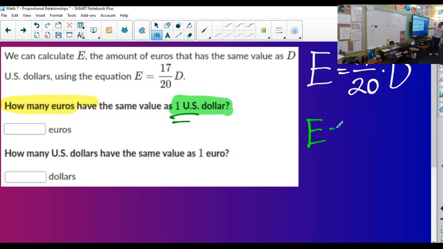What will E equal when D is 1? Well, what does times 1 do? Nothing. It leaves it alone. So what does E become here? 17/20.